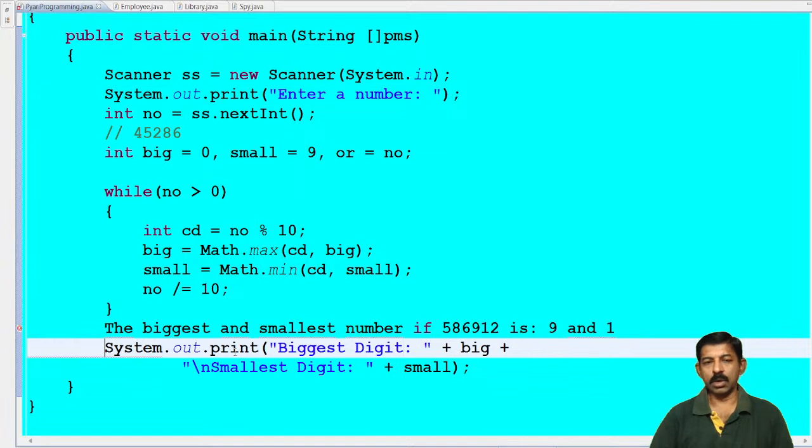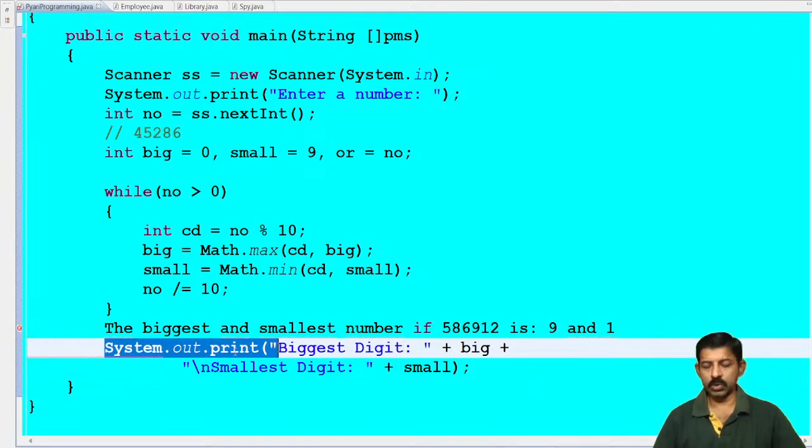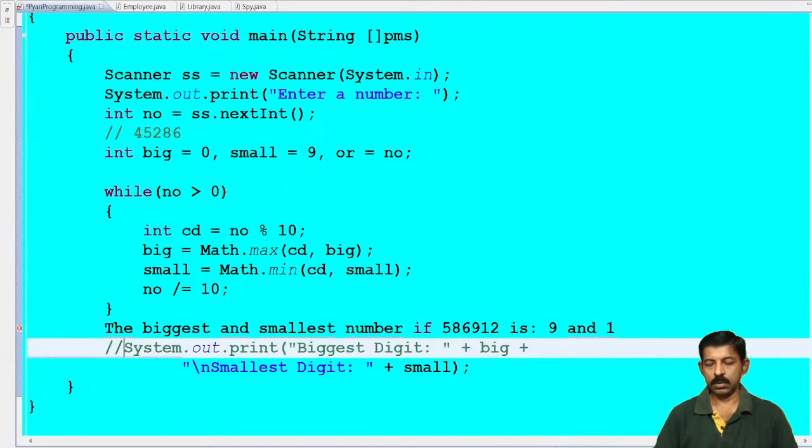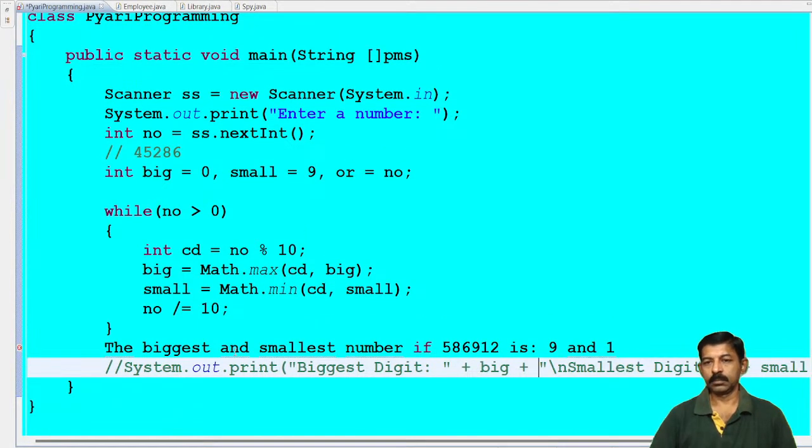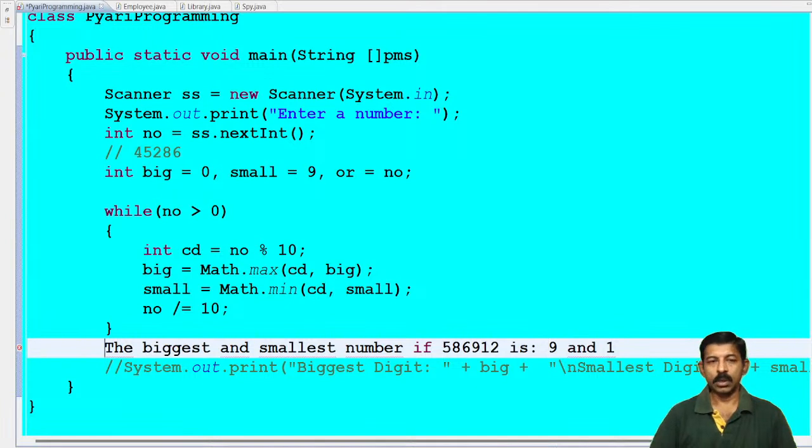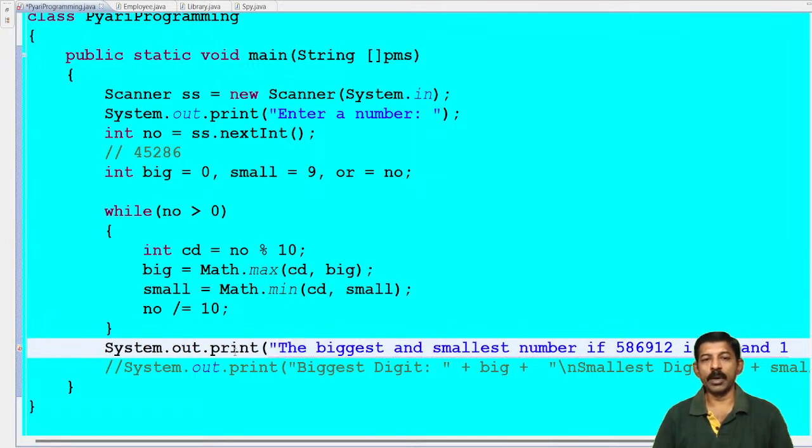I will say System.out.print and quotes. Here I will write the biggest and the smallest number of. Here I will close the quotes.